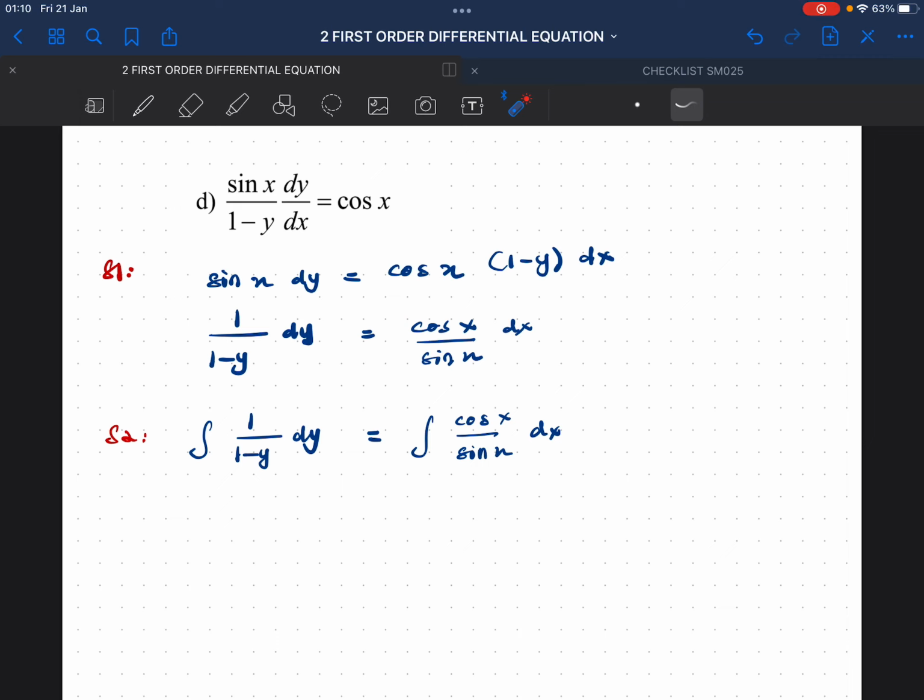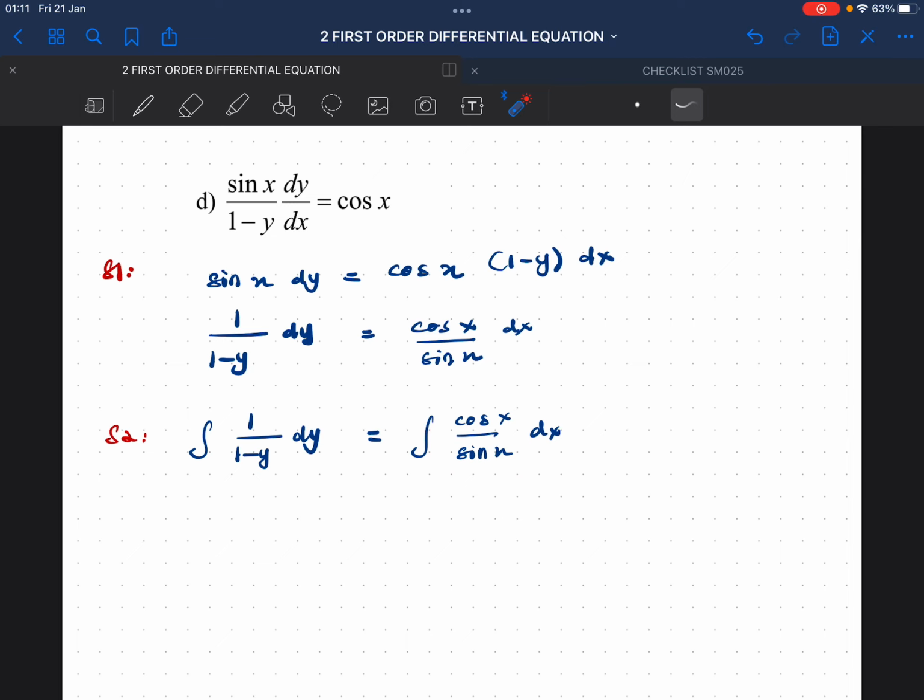How are we going to integrate tangent x? Maybe you will change this into cotangent x. But how are we going to integrate cotangent x? We are still going to change the cotangent x to cos x over sin x.